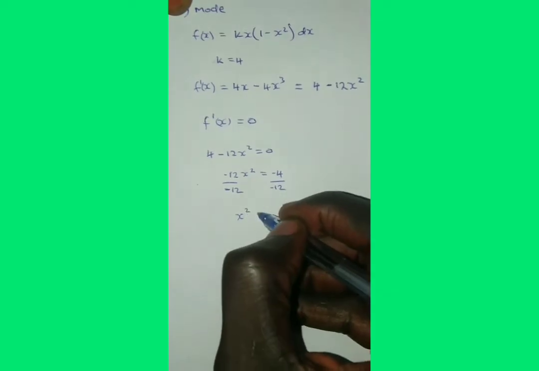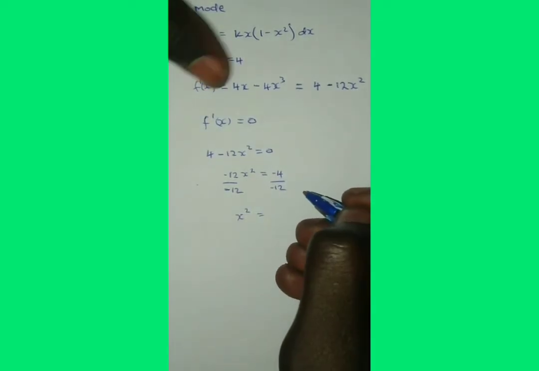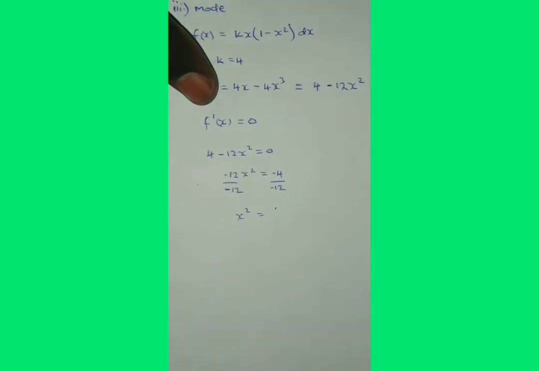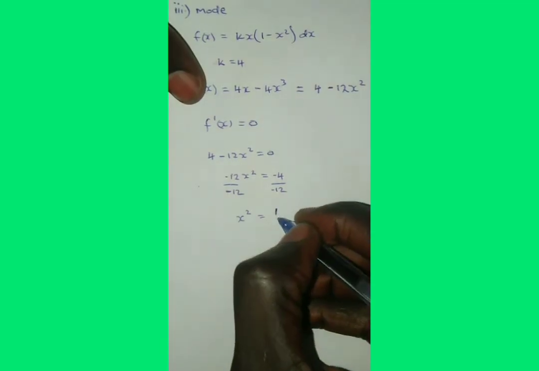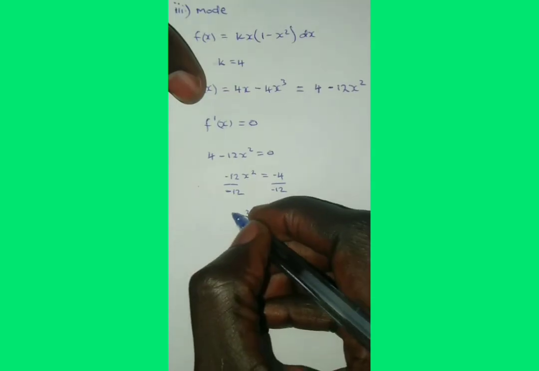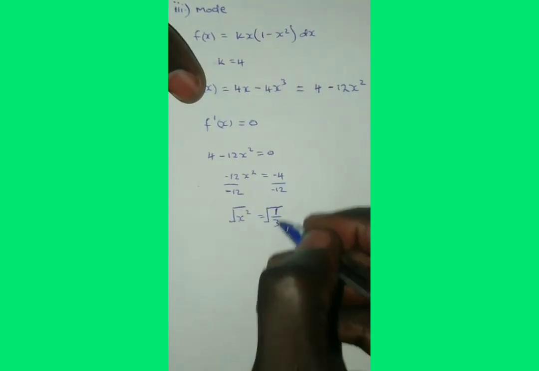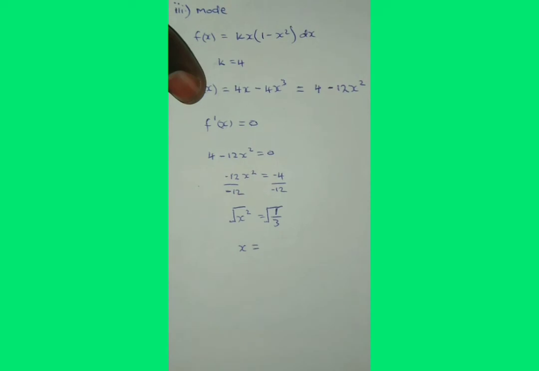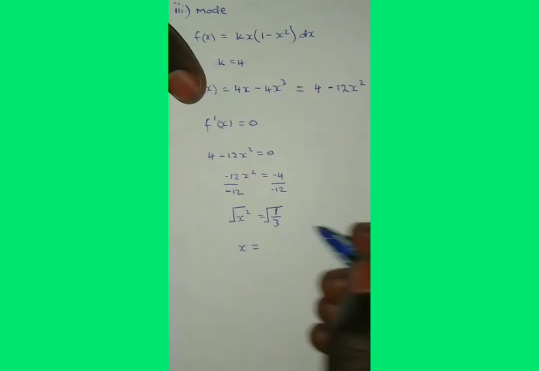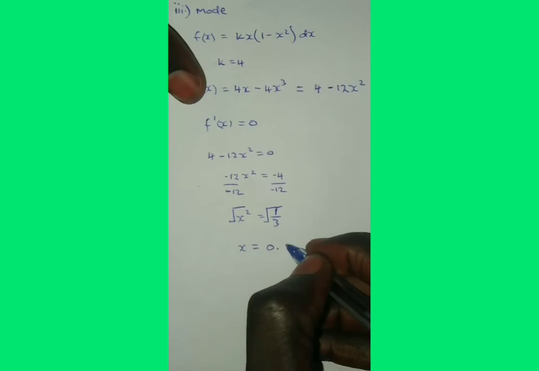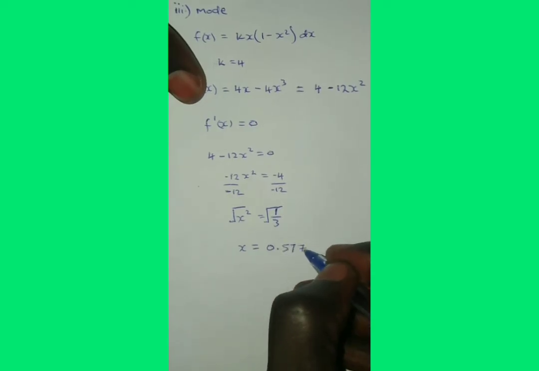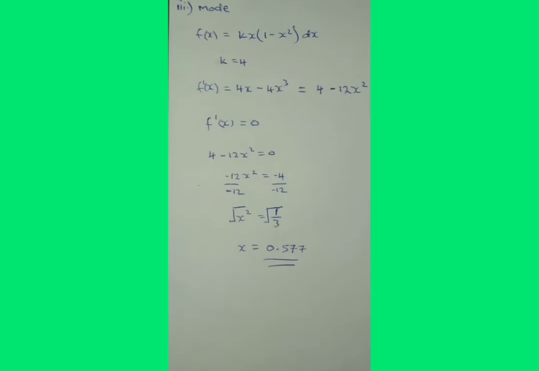So x squared equals 4 divided by 12, which is 1 over 3, a third. So take the square root of this to remain with x. So x equals 0.577. This is our mode, that is the mode value.